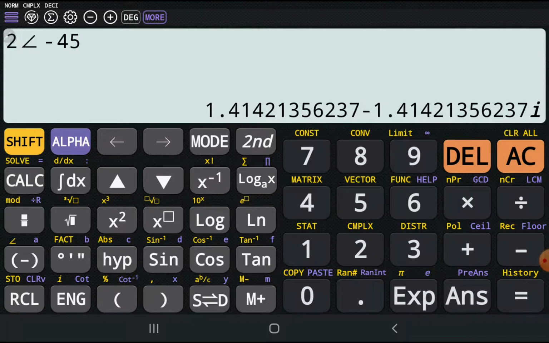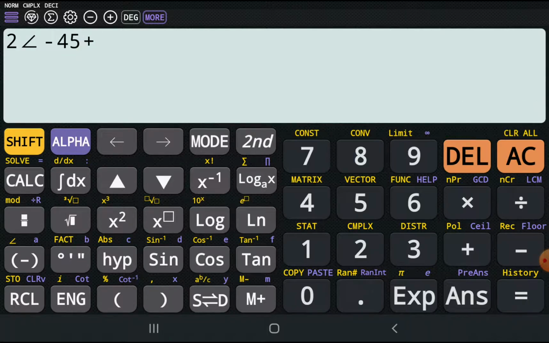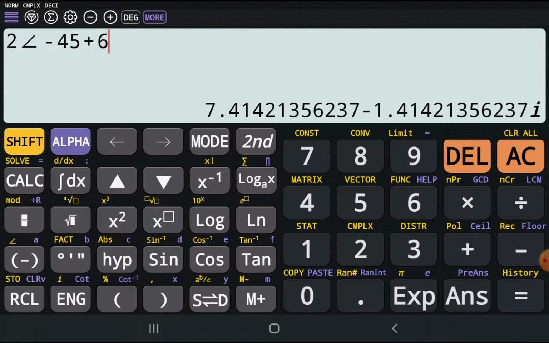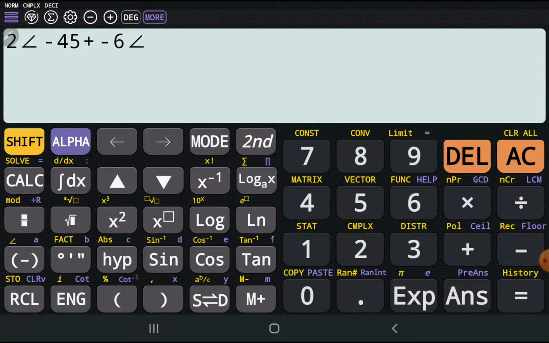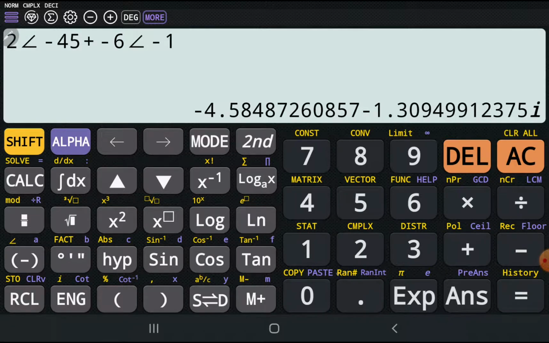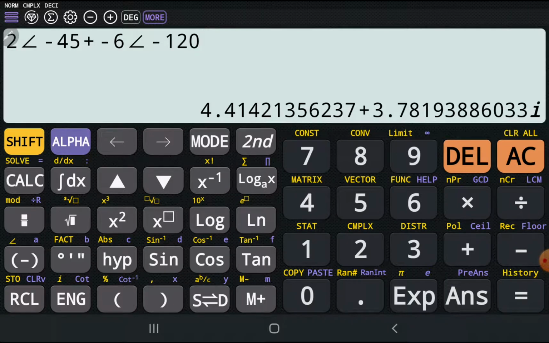angle of negative 45 degrees plus your 6 shift angle negative 120 degrees.